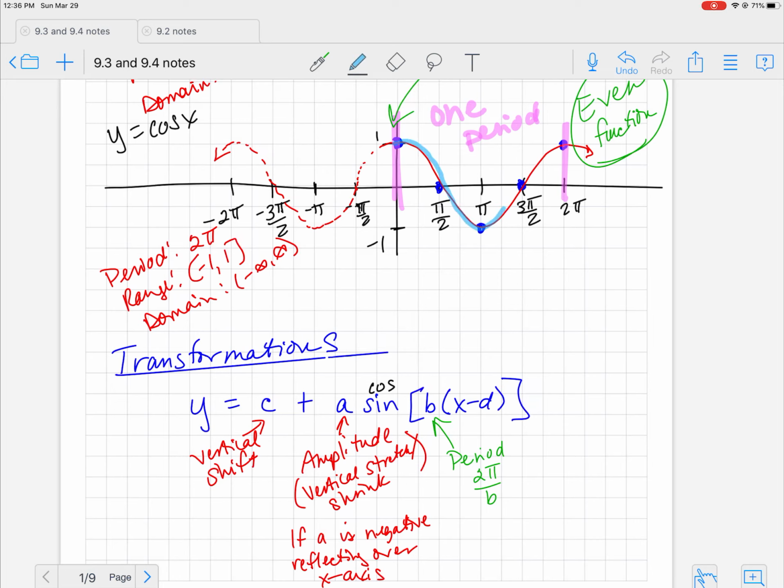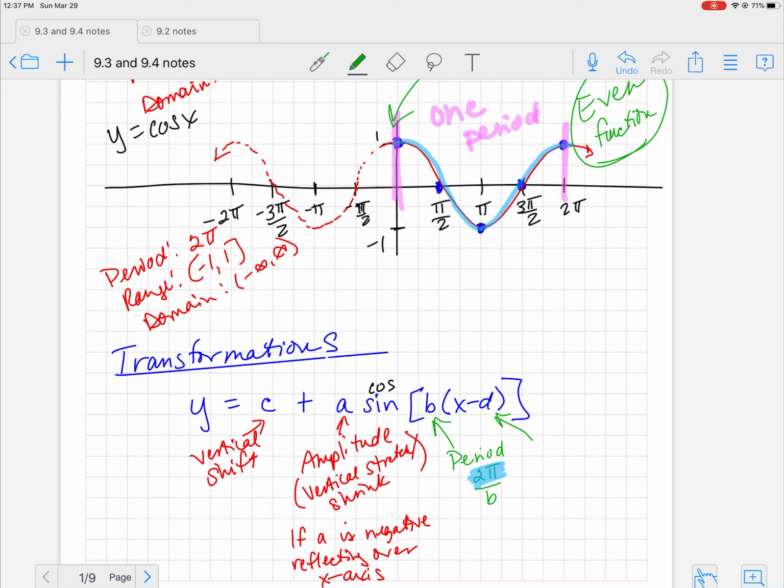That is what's going to help us. All right. My one period here, let's change our color a little bit up. Let's go for a nice little blue. So this is my one period, right? And this is my one period, and that's what stretches and shrinks out from there. Okay. And then lastly, I have this d.